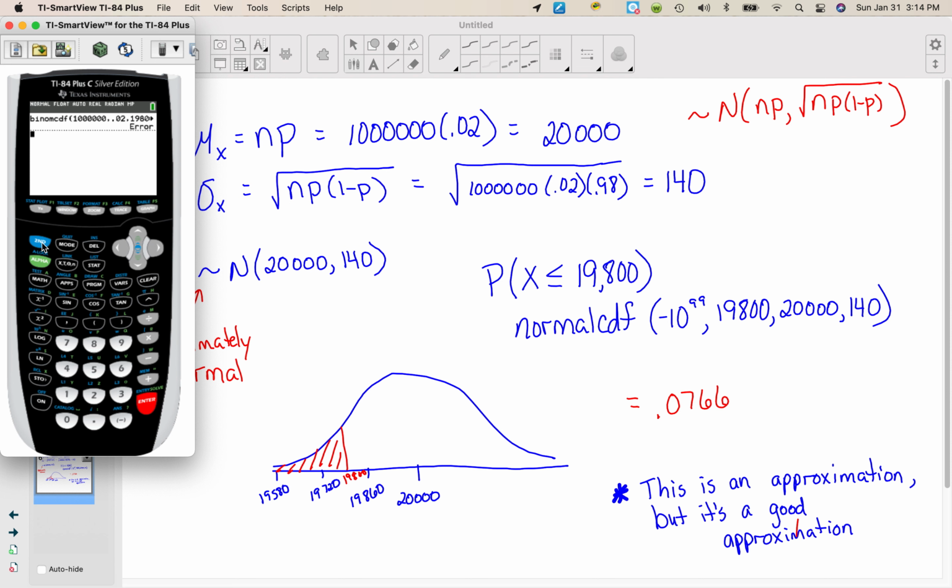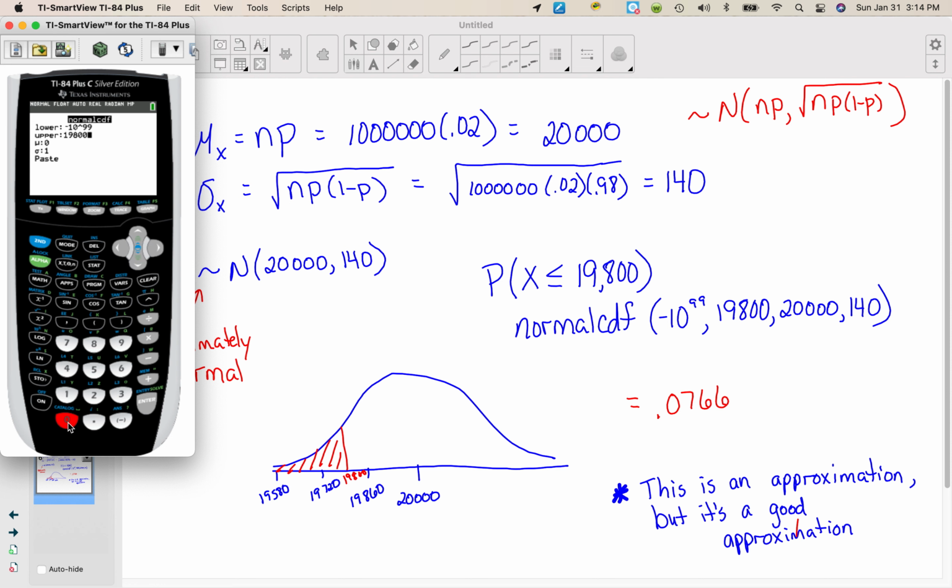So if I do second distribution, remember that we never use normal PDF, just CDF. For my lower bound, I want something ridiculously low, so I type in -10 to the 99, and the calculator changes it. The upper would be 19,800.